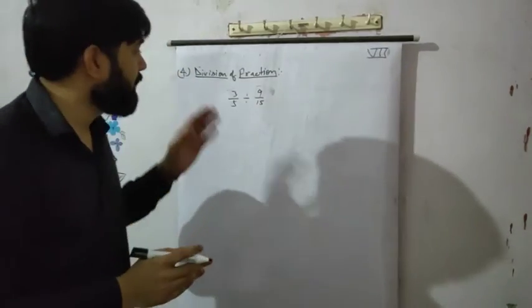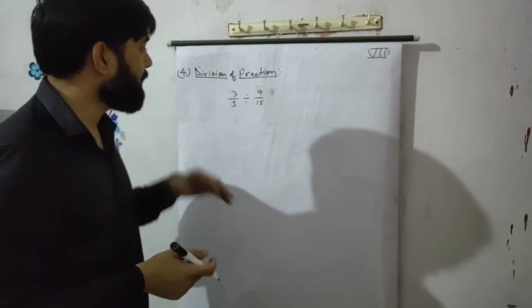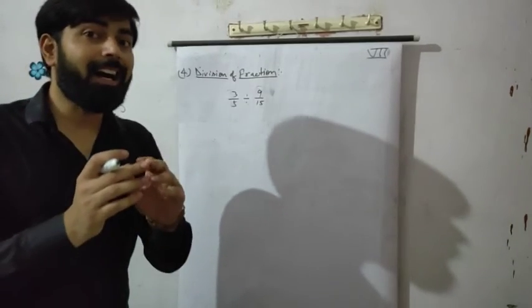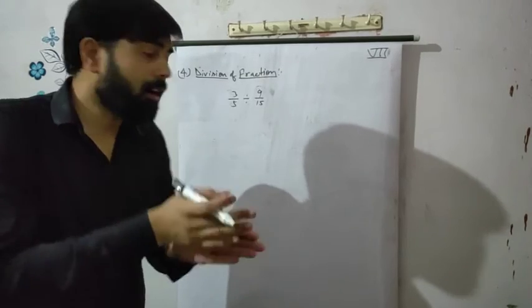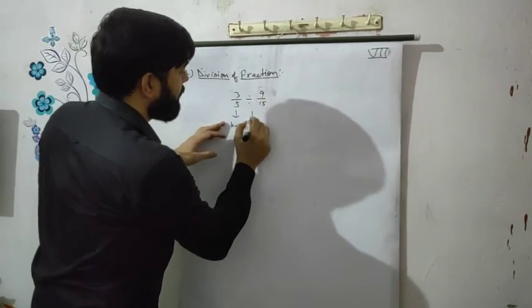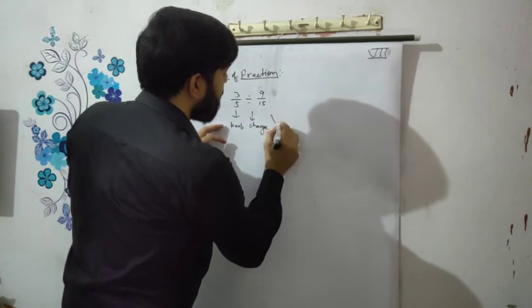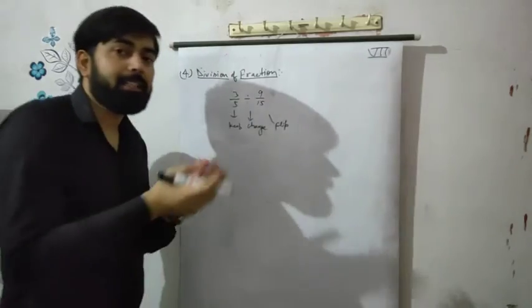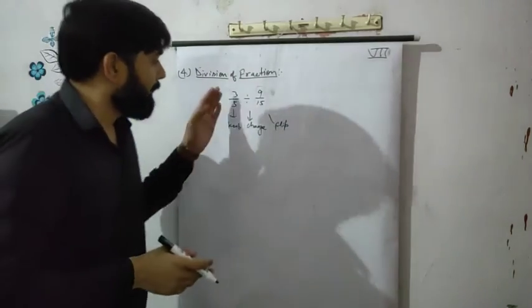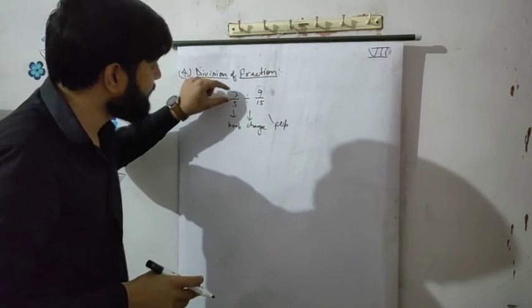The question is saying solve this division. So how can we solve it? We can solve it with three words. First is keep, second is change, and third is flip, or you can say the reciprocal. Keep means we do not change the first fraction.